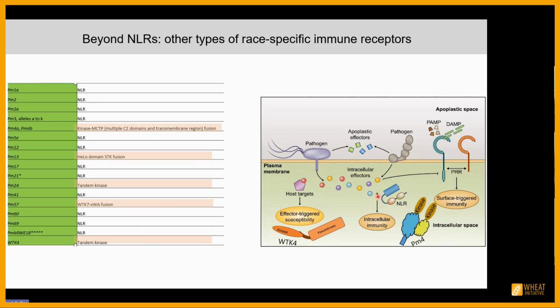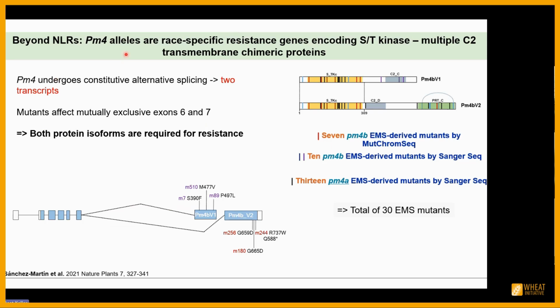non-classical immune receptors. To start with Pm4, we cloned this gene 3 years ago, and it encodes a novel type of protein. It actually encodes 2 different splice variants, and we know that both these splice variants are needed for resistance.